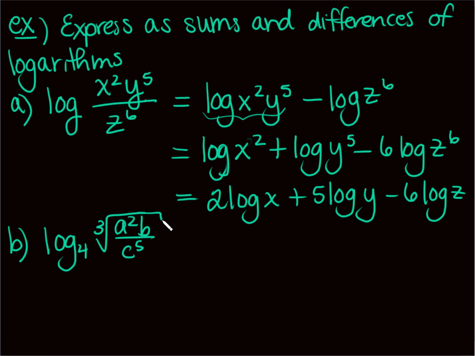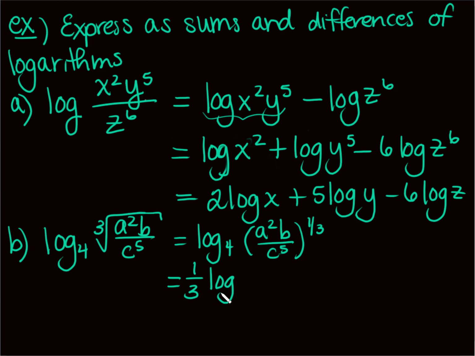Now there are a couple ways that you can do this one. But what I think is the easiest is I want to use my power rule as much as I can. So I'm going to rewrite this as log base 4 of a squared b all over c to the fifth, all raised to the 1/3. Now because all of this is being raised to the 1/3, I can bring that 1/3 in front.